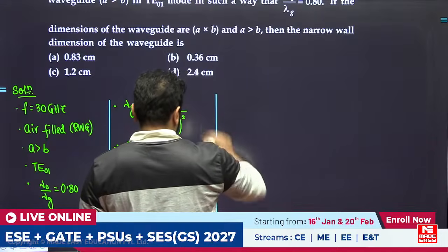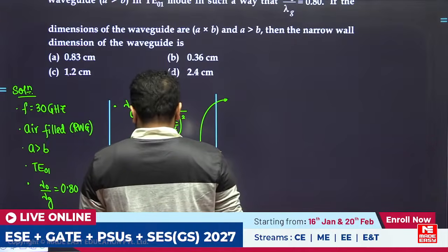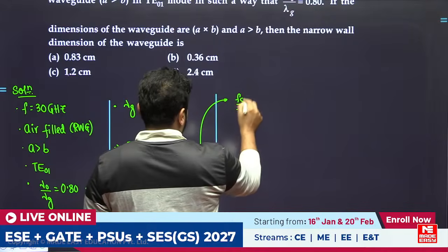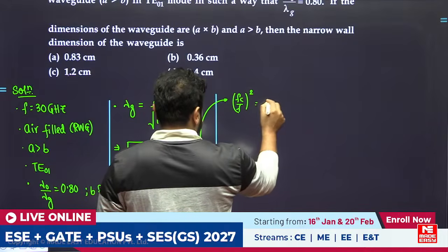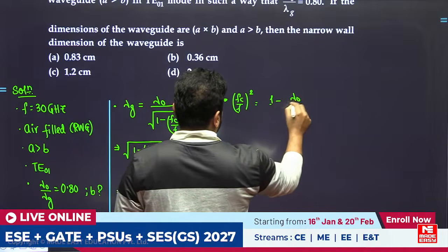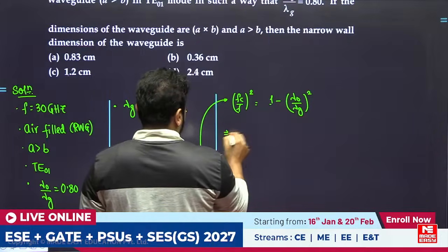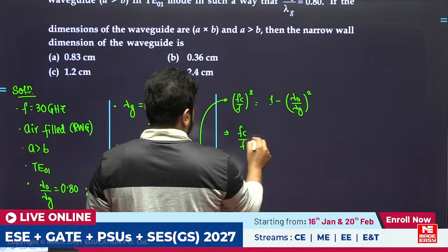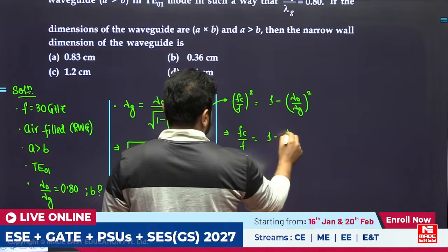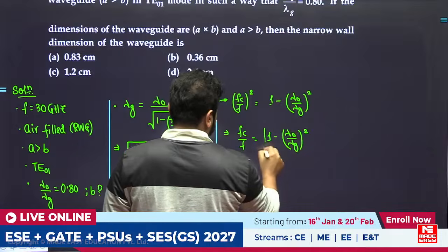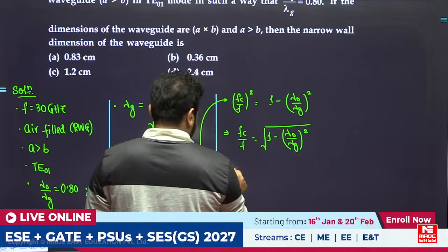So from here I can say that fc upon f whole square is equal to 1 minus lambda naught upon lambda g whole square, right. So from here I will get fc upon f equal to root under 1 minus lambda naught upon lambda g whole square. So what is the cutoff frequency?